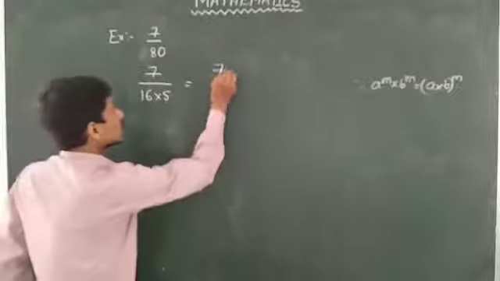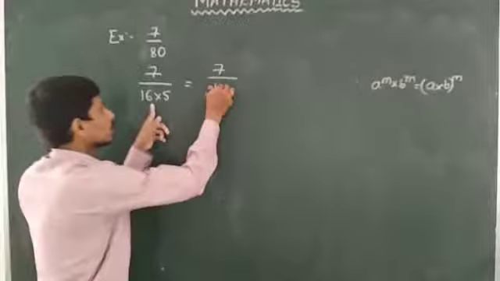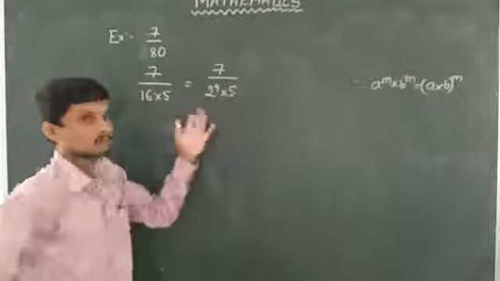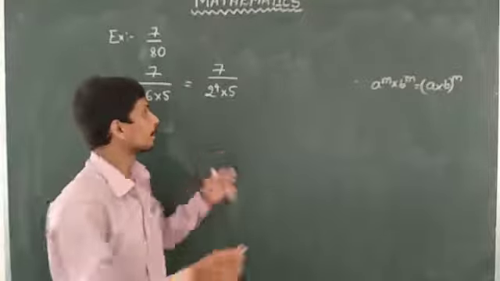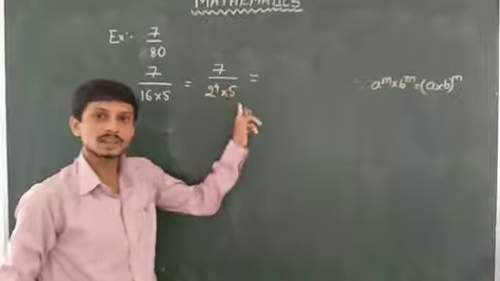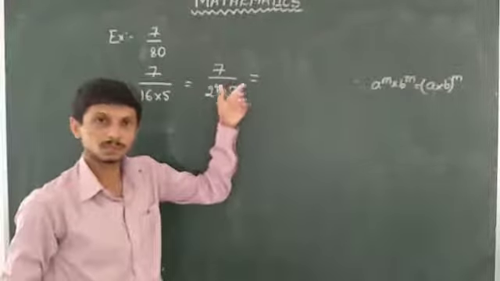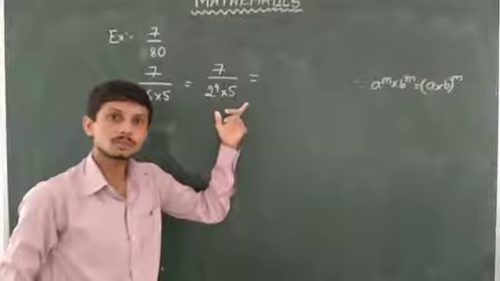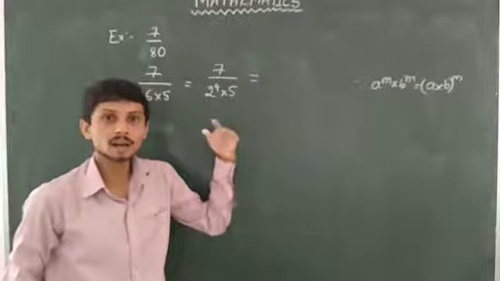Then 16 can be written as 2 raised to 4, so 2 raised to 4 into 5. Because we want the form 2 raised to n into 5 raised to m, here 2 raised to 4 is there, but for 5 we need 5 raised to 4. So we have to multiply 5 raised to 3 to the numerator and also to the denominator.